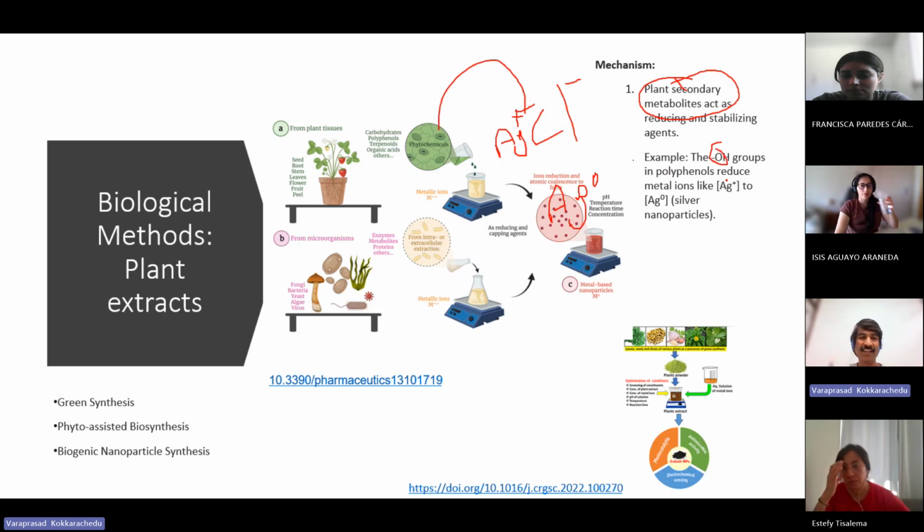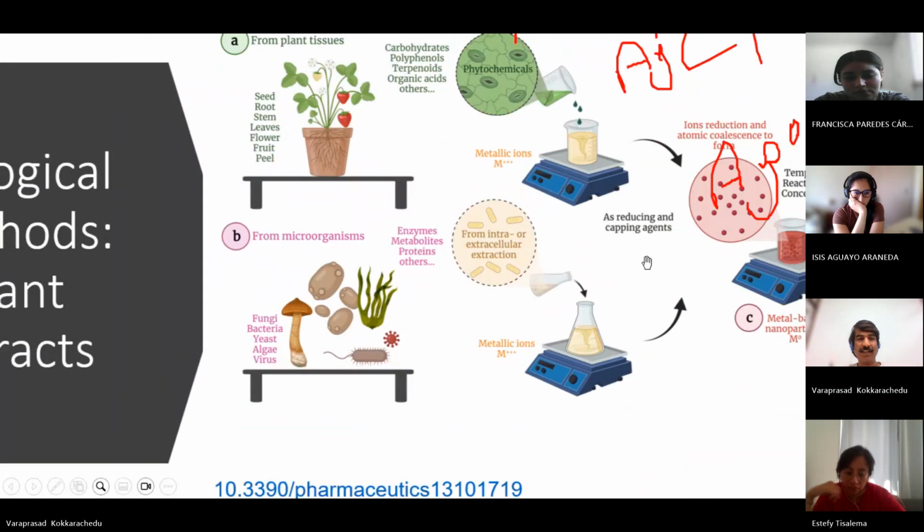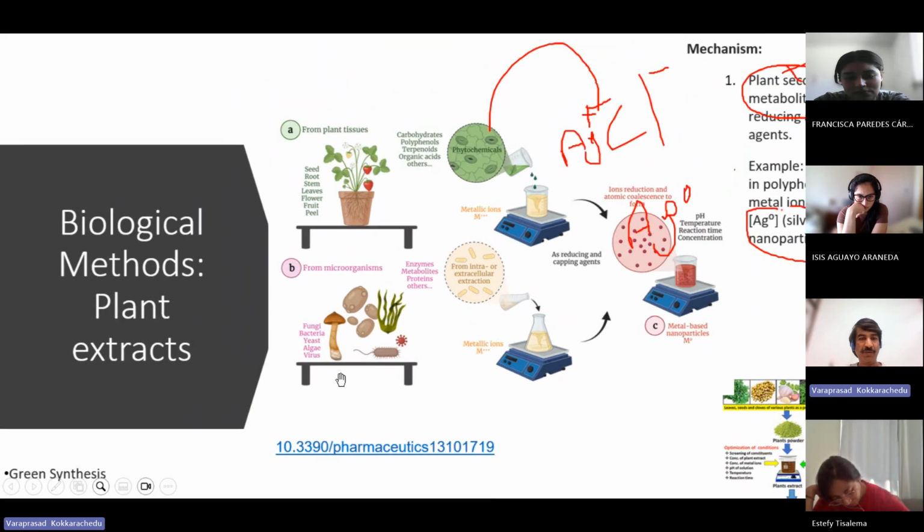They can react with these ions, and finally they form Ag0 nanoparticles. This is just an example, okay? And the same thing happens in the biogenic synthesis process. We extract whatever we are going to extract, and we add it here, and it will be involved in the reactions.